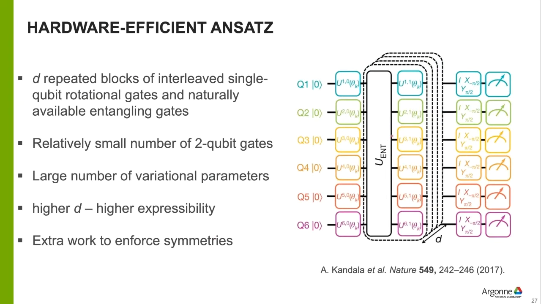And the idea is that by increasing the number of these layers, this D parameter, when you add these blocks one after another, you increase the expressibility, which means that the solution space that you're getting increases.